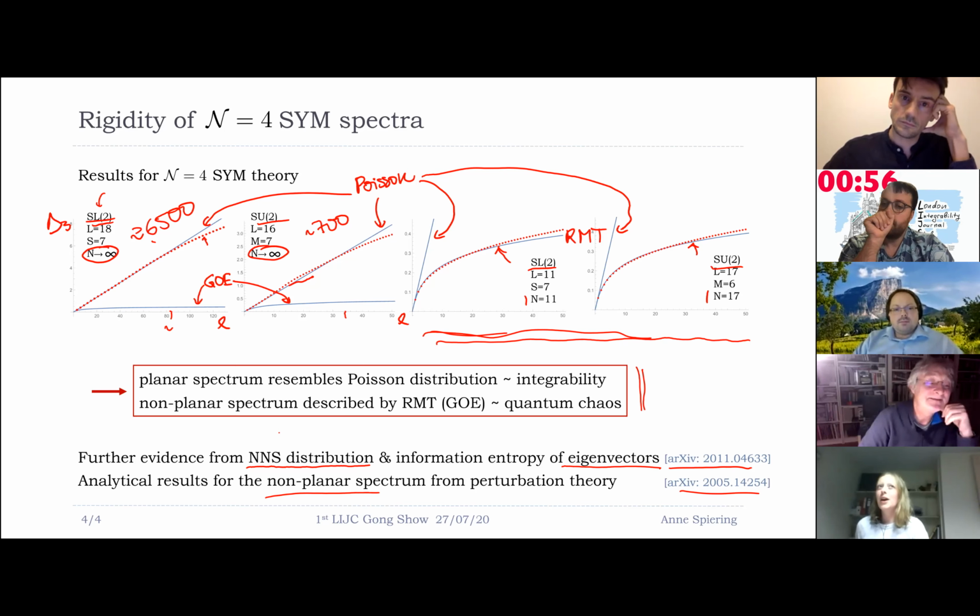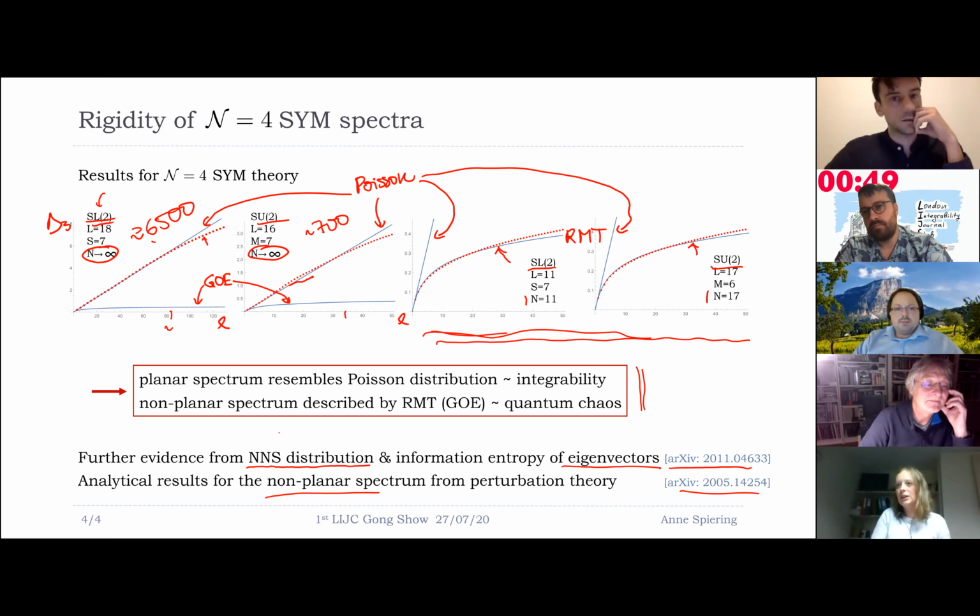Well, we haven't quite looked at this transition between the integrable case and the chaotic case, but I guess the smaller the coupling, the closer it has to go to the Poisson distribution. So one loop is integrable, right? But if you truncate at two loops, it's not an integrable system anymore. No, it's perturbatively integrable, so you have to work with small coupling. That's true. Or just don't consider the second loop.